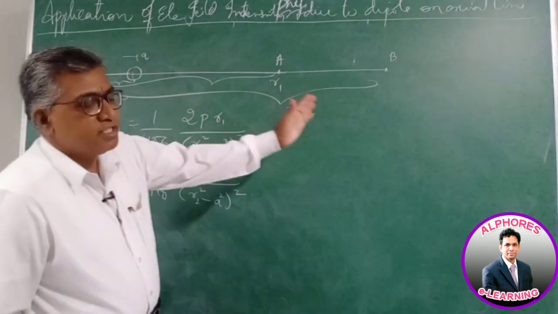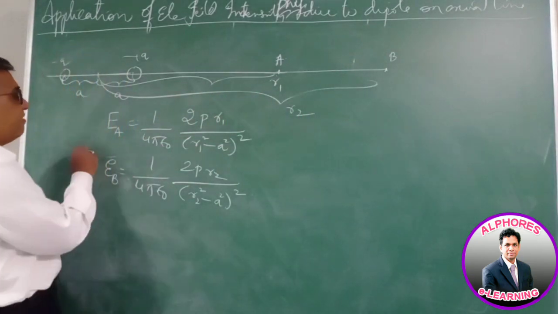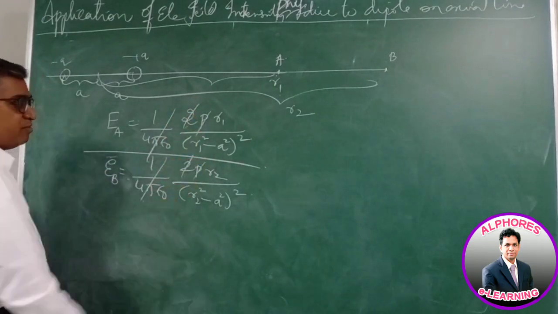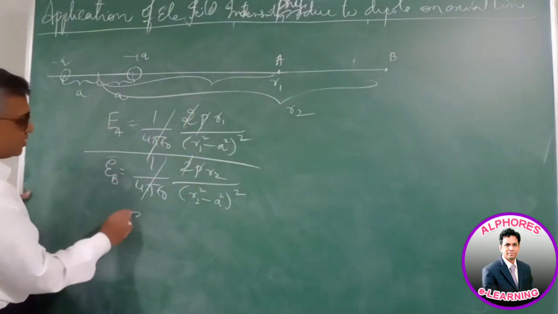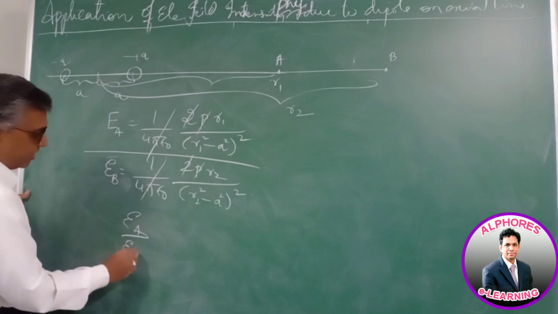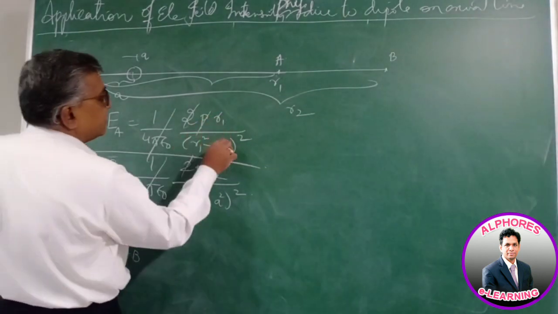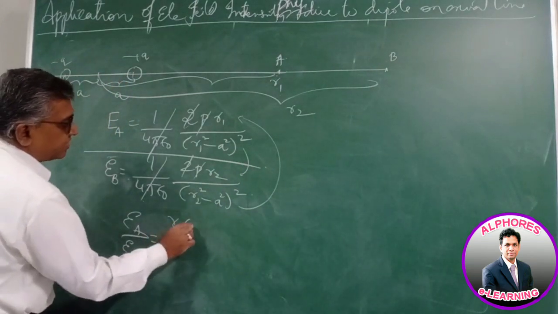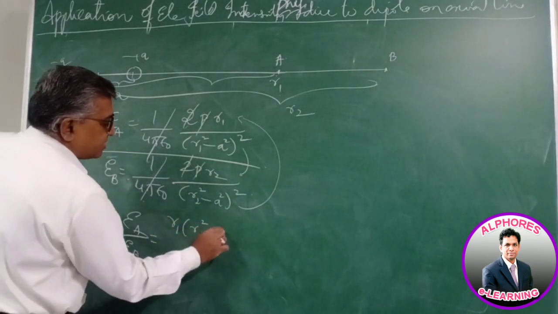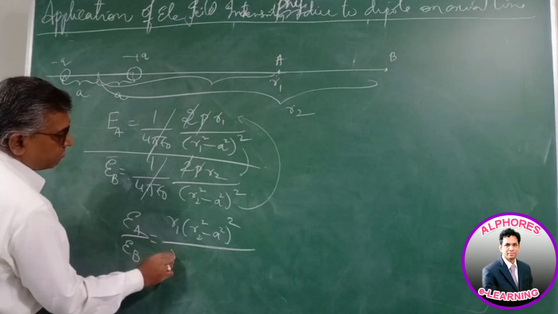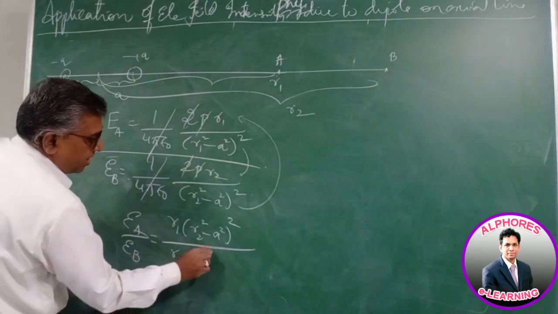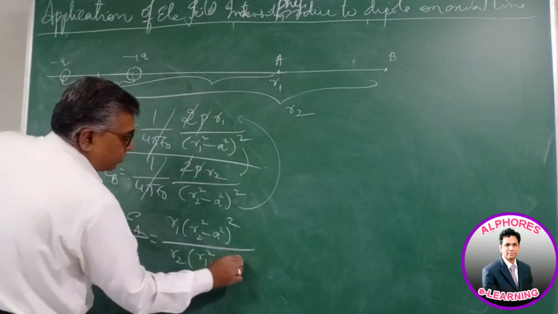Comparing these two, EA and EB, divide. Since it is the same dipole, this gets cancelled. So EA by EB is equal to r1 times (r2 square minus a square) whole square by r2 times (r1 square minus a square) whole square.